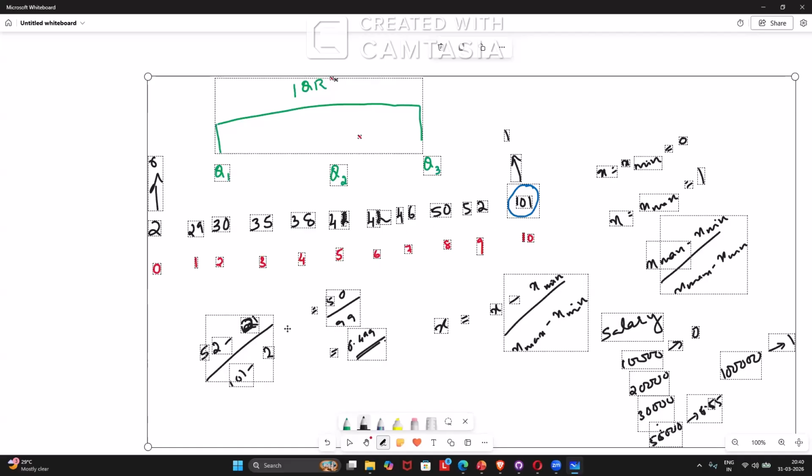If you do scaling here and then calculate outliers, that will also remove that 10.1. The scaling will not affect the outlier detection.